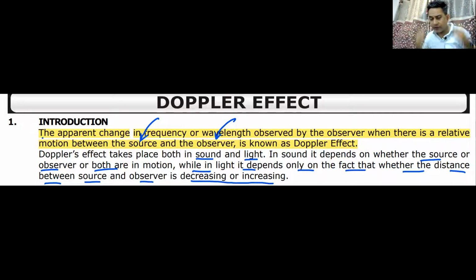In sound, we can have the source moving, the observer moving, or both moving. But in case of light, it's not a case of who is moving, it's only whether the distance between the source and the observer is increasing or decreasing.